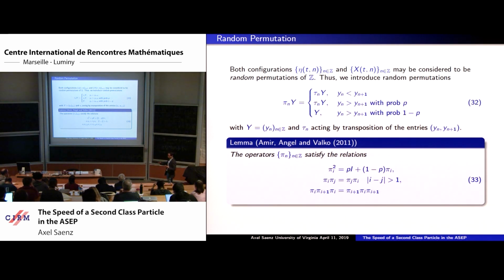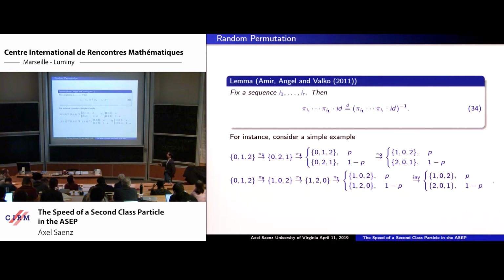And essentially, when you're looking at these two types of configurations, you're actually looking at them as if they were permutations of the integers. And the result boils down to this result for their random operators. Essentially what it's saying is that if you apply random operators in a specific order, and then you do it in the opposite order, that's going to give you the inverse permutation with the same probability.